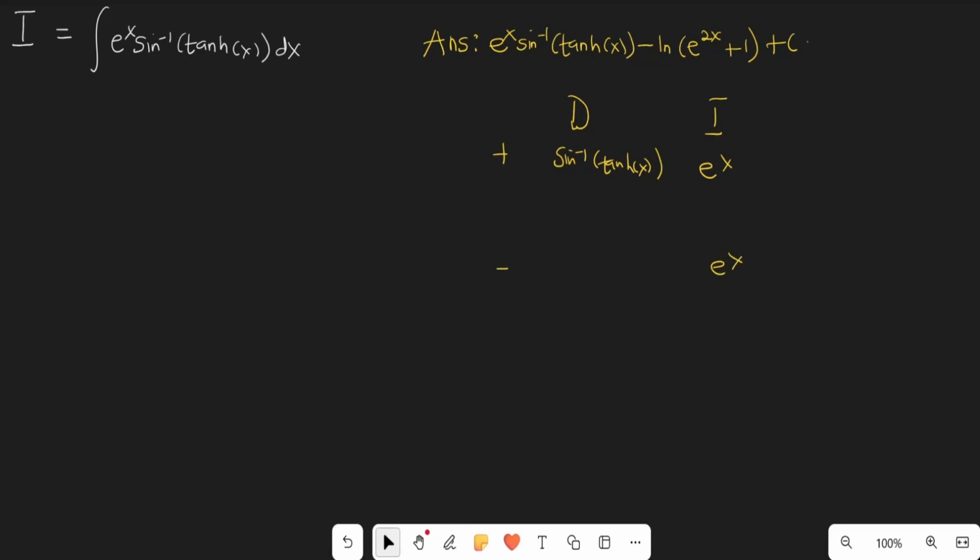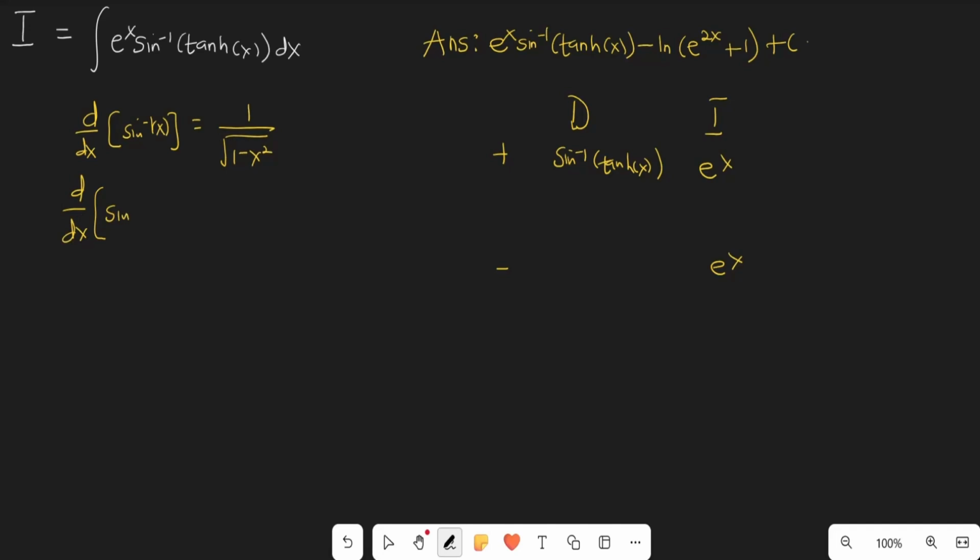So differentiating the sine inverse of the tan hyperbolic function of x. When we differentiate the sine inverse of x, this is equal to 1 over the square root of 1 minus x squared. We know this. We are applying that same principle here.